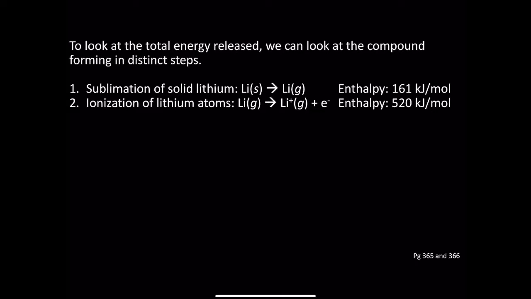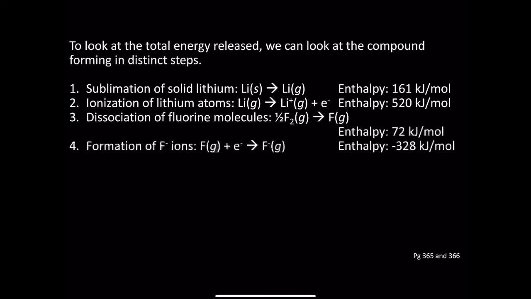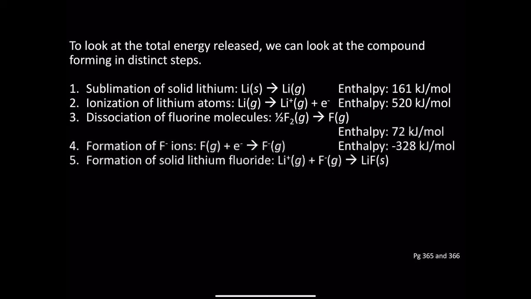Whereas the ionization of lithium atoms, so they're giving off an electron, requires 520 kilojoules per mole. And then we have the dissociation of fluorine molecules, which is 72 kilojoules per mole, and then the formation of fluorine ions, where that fluorine atom is now receiving an electron, and that's negative 328 kilojoules per mole.